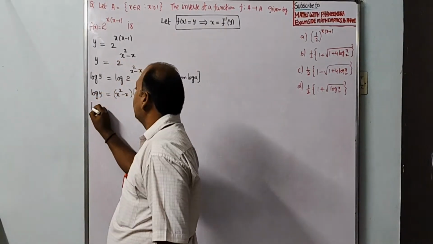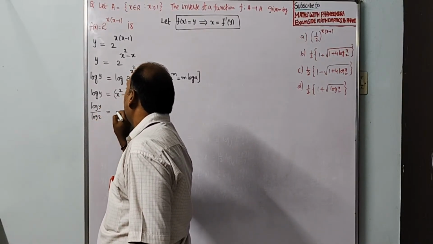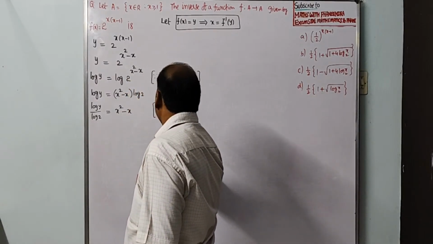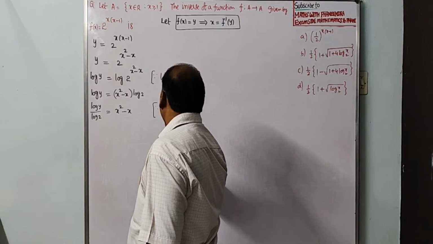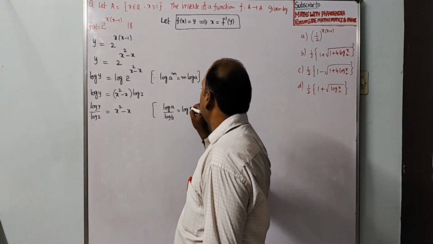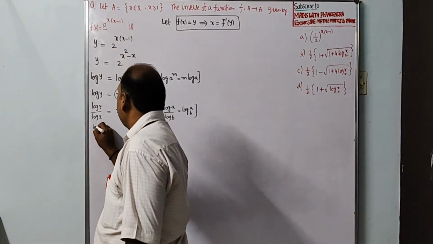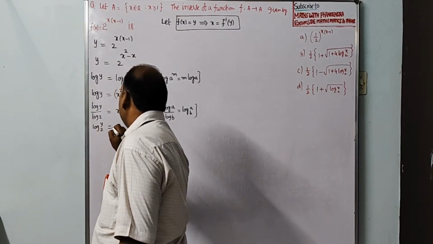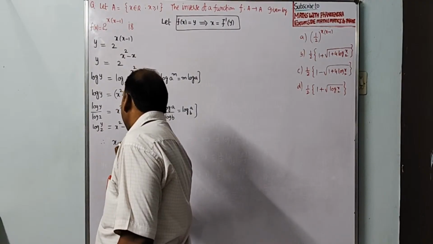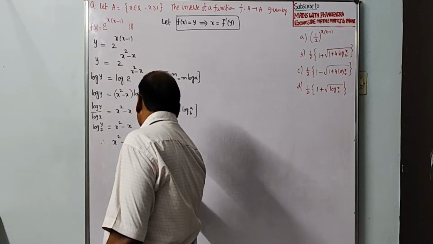So log 2 bring this side, log y divided by log 2 equal to x square minus x. In the next step, log a by log b formula we are going to apply in LHS. It will be treated as log a to the base b. So log y to the base 2 is equal to x square minus x. Therefore, x square minus x minus log y to the base 2 equal to 0.